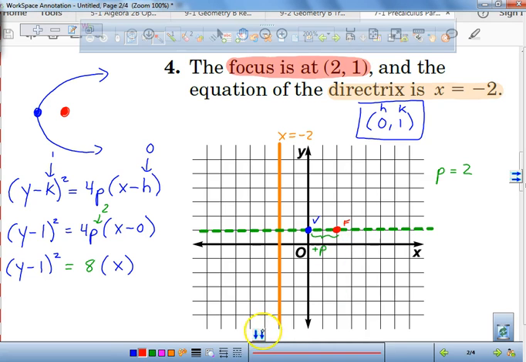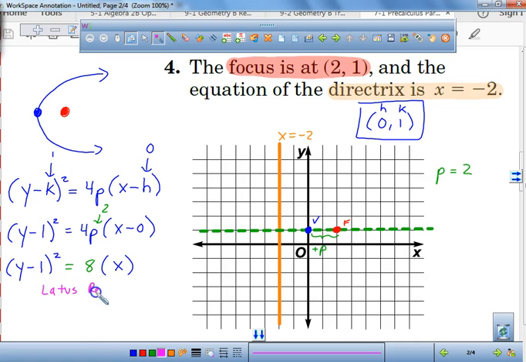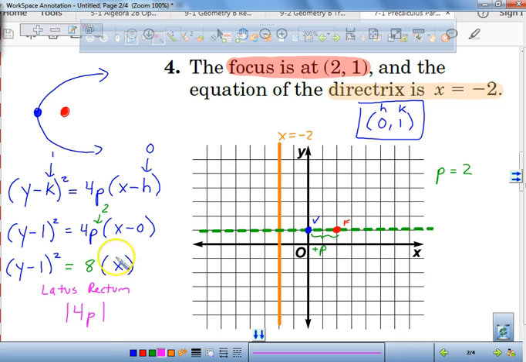All right? And so the last thing we're going to draw in is this straight side called the latus rectum. And the latus rectum is the absolute value of 4p. Well, what is our 4p equal to? This time it's equal to an 8. So it's the absolute value of 8, which gets us 8 units.